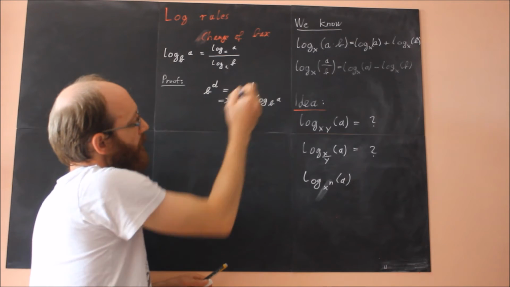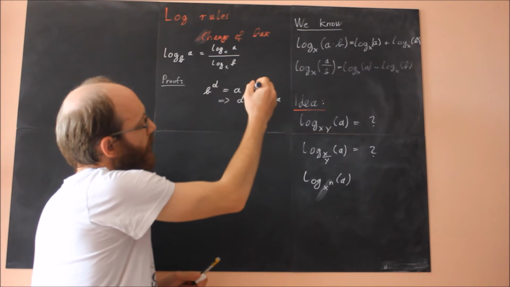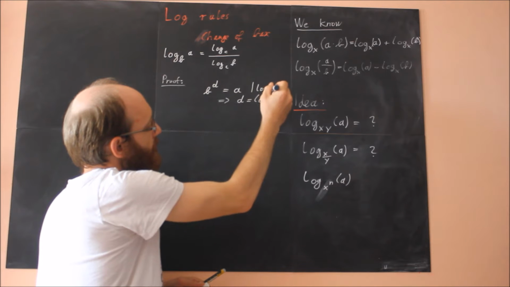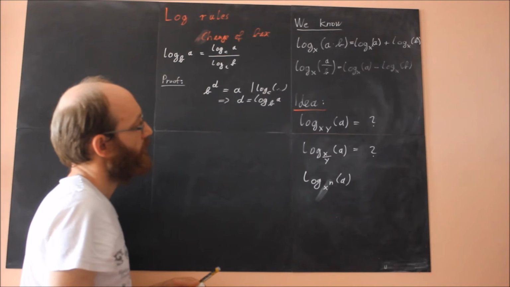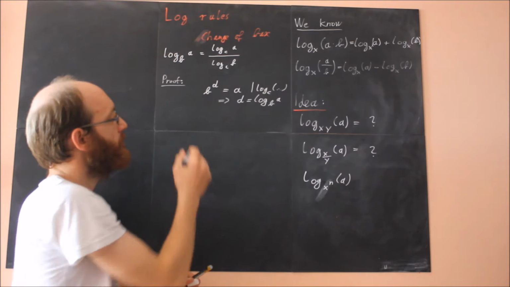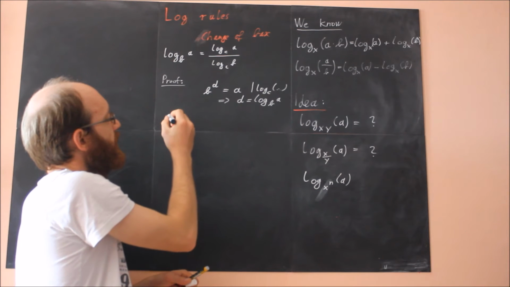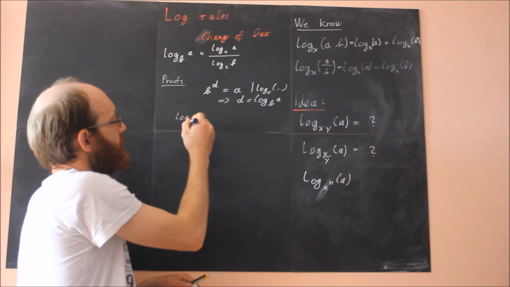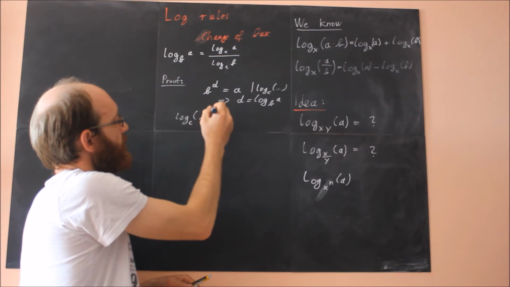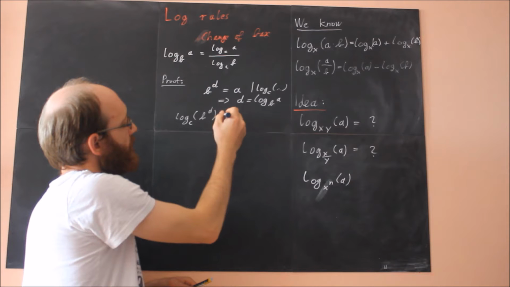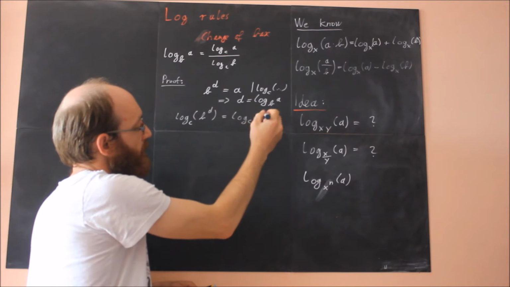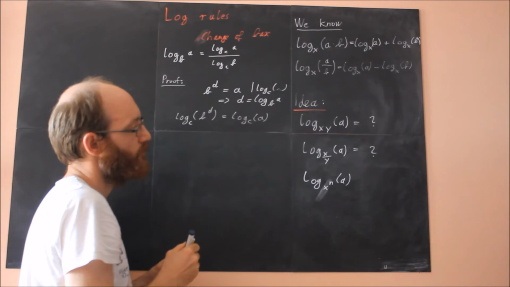On both sides we apply log to base c. Therefore we get log c of b to the power d is log a to base c.